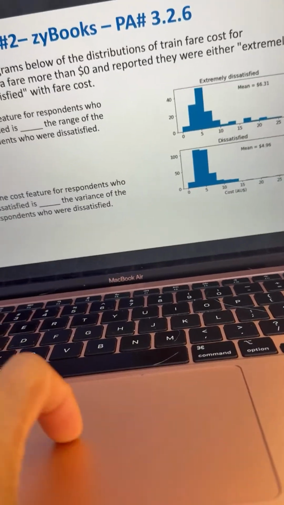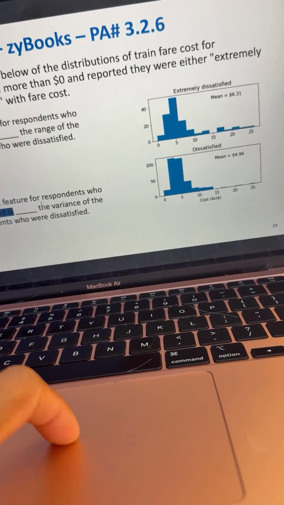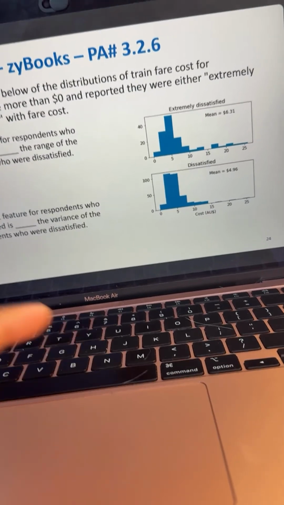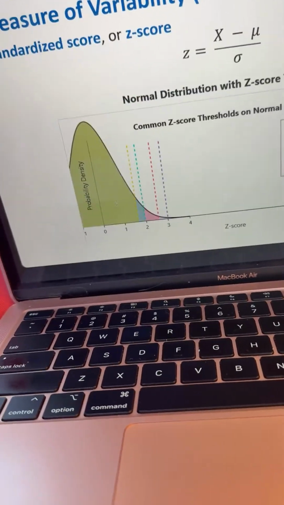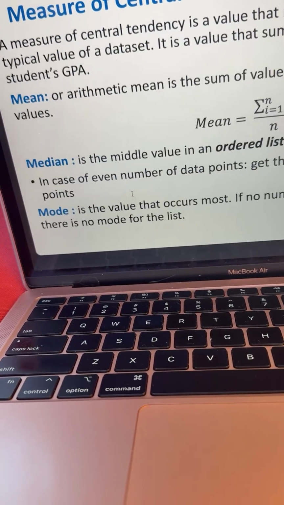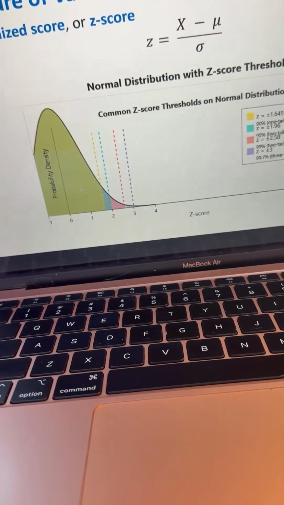And the variance of the cost feature for respondents who were extremely dissatisfied. Wait, what was the variance again? I forgot. Variance, right? It was the measure of how far each data point is from the mean.